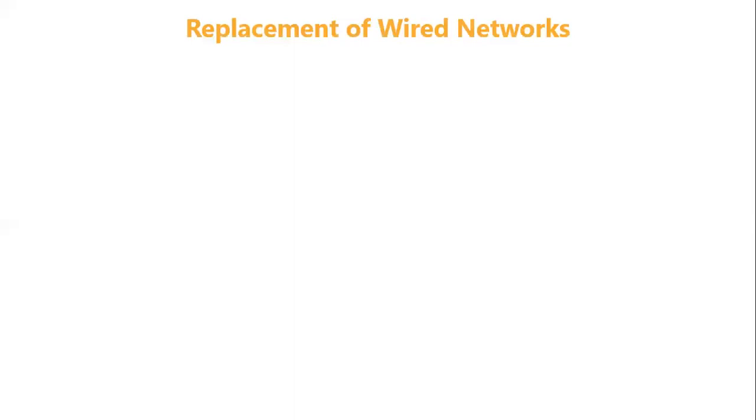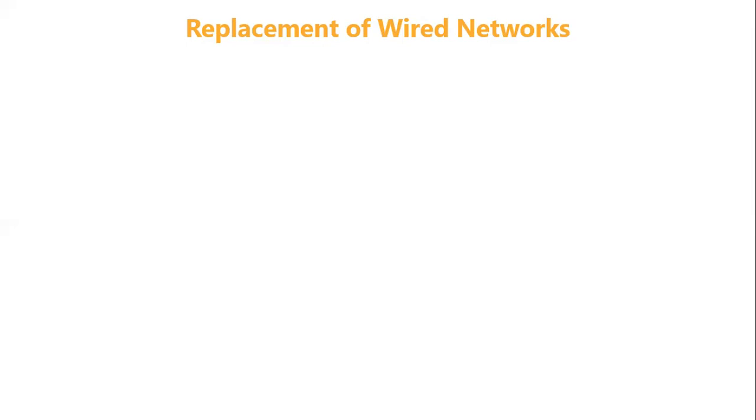Example, in a historic building. In a historic building, we don't want many cables, and also we don't want to put holes in the walls and all those things. So wireless network is the most preferred technology there. That is, the devices will be fixed, but they will communicate using wireless technology.